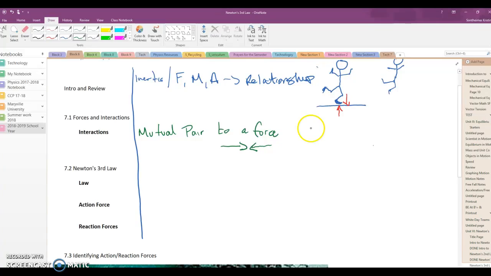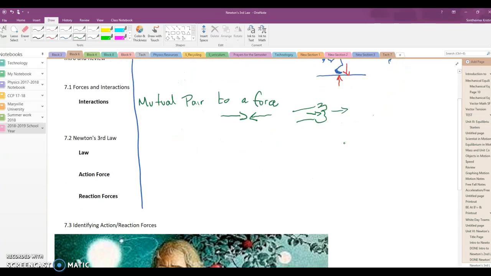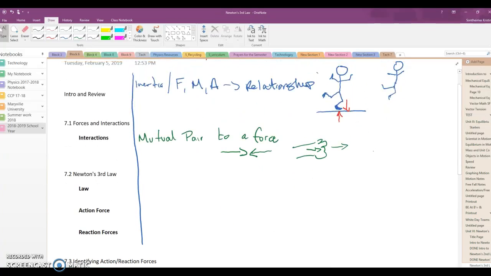For example, if you punch the air, this is you punching nothing, right? If there's nothing to hit, you've applied no force. You're just swinging your arms around like a crazy person. Okay? So there must be a mutual pair to a force. They always occur in pairs.